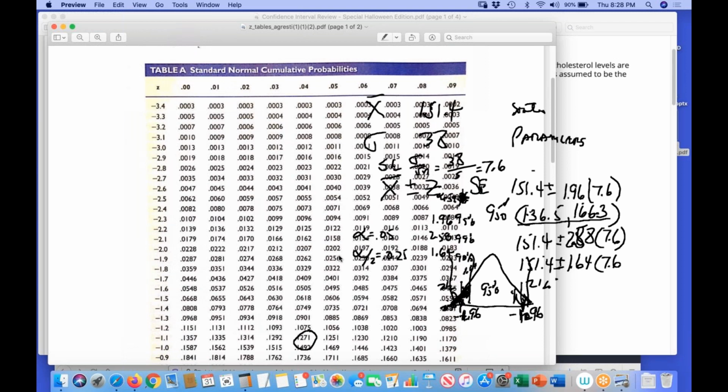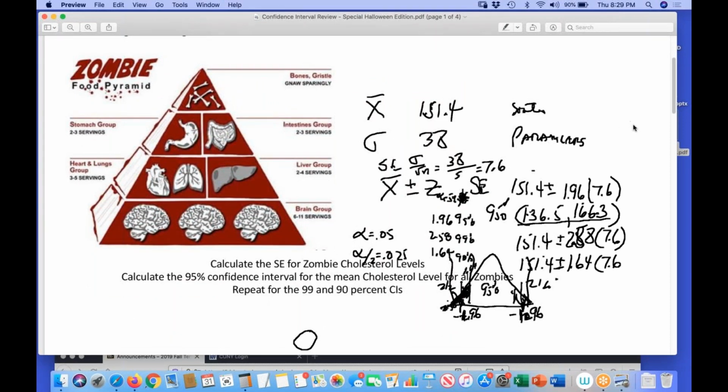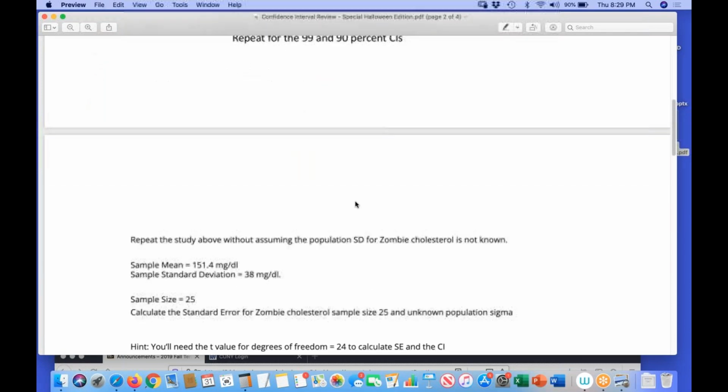Those are the actual areas of the curve from the Z table. I didn't invent those numbers, you guys. Now you know there's a real reason for those numbers. It's not something that I just completely made up. So again, all you'd have to do to calculate the 99 and 90% confidence intervals is substitute 2.58 and 1.64 for the Z score.